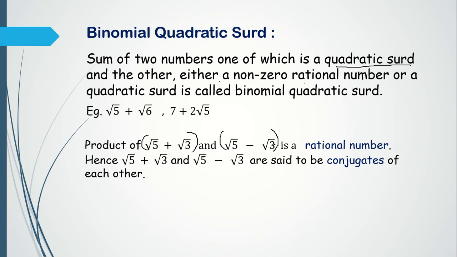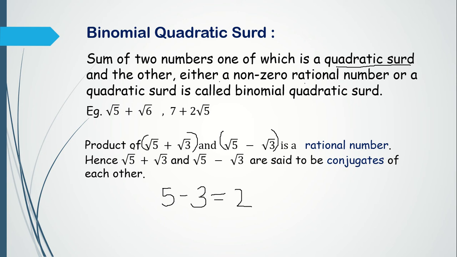So we will use the formula, I hope you all remember it, students. It is a square minus b square. So this will become root 5 square, which is 5, and minus root 3 square, which is 3. So the answer is going to be 5 minus 3, which equals 2.